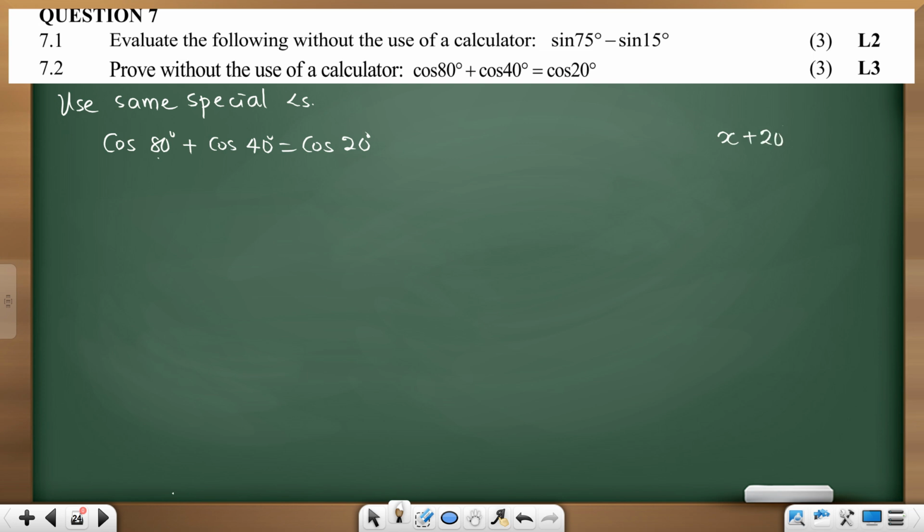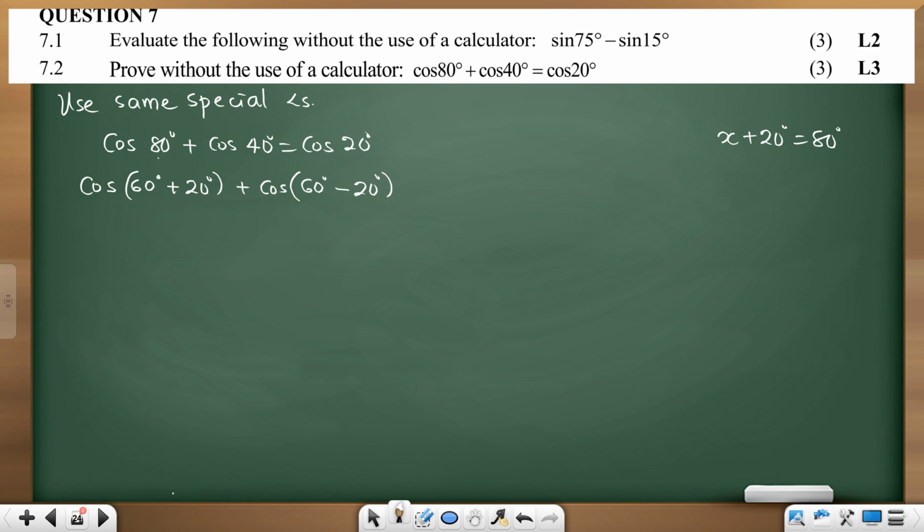X plus 20 should be 80. What is X? 60. And 60 is a special angle. So what do I have? Cos 60 plus 20. Is that fine? Plus cos 60 minus 20. Do you notice I am using 60 and 20, 60 and 20?